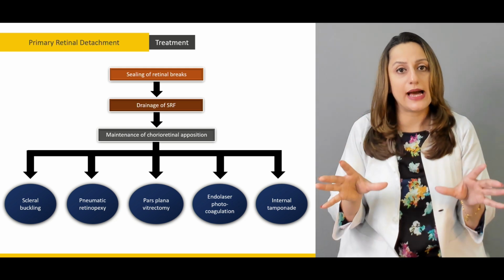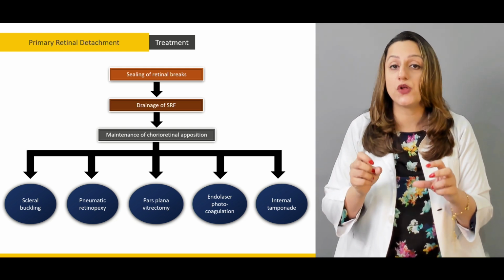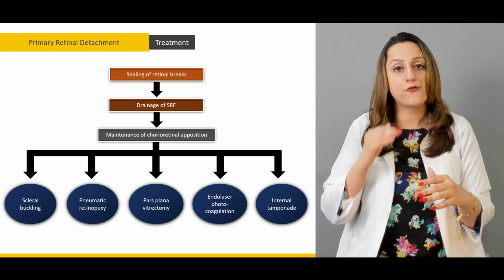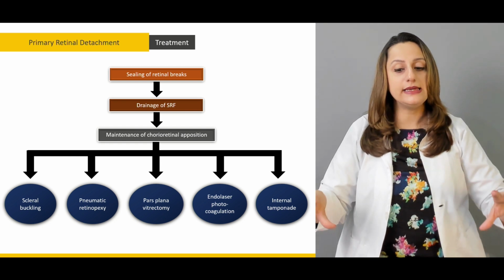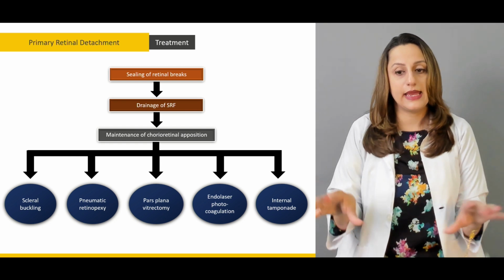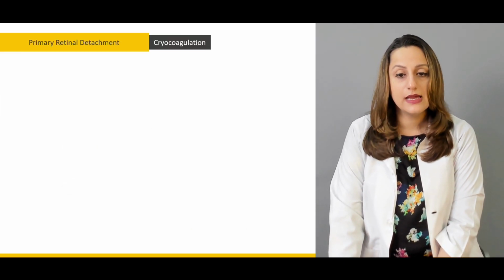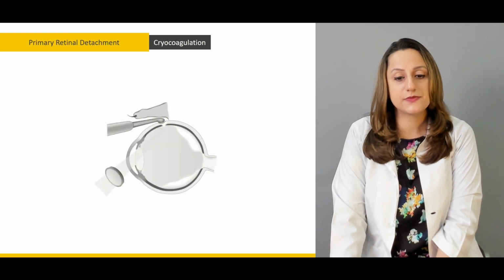But the general approach is to first seal the retinal breaks as soon as possible, perform the drainage of the retinal fluid, and then perform the coupled methods. Finally, cryocoagulation is also done for these patients.